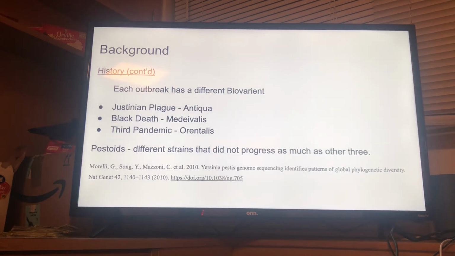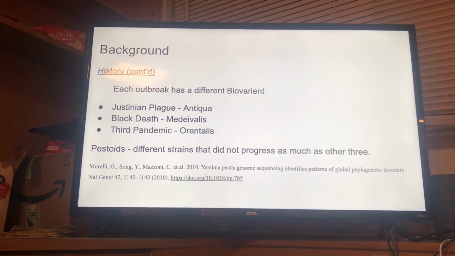Each outbreak, though, has had a different biovariant, or biovar, and as you can see here, I'll just go through the list. The Justinian plague was the Antiqua biovariant, the Black Death had the Medievalis, and the third pandemic had the Orientalis. All of these have different markers that identify them as such, and I was not able to understand the complex naming of these biovariants.